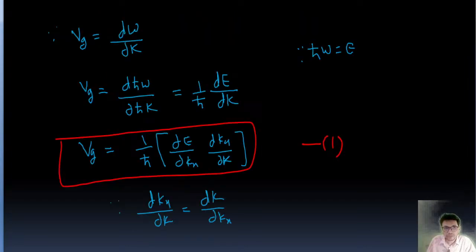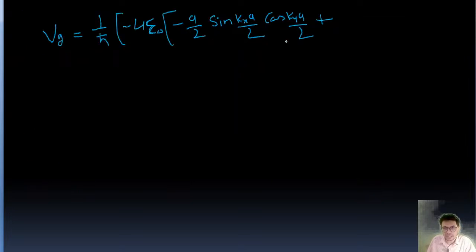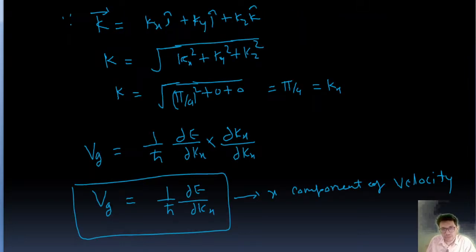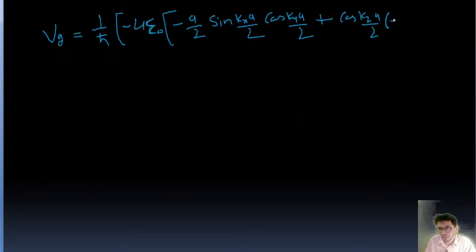Plus, the y and z terms we are differentiating with respect to kx, so they are going to be 0. Here cos kz a by 2 remains as it is, and we differentiate cos kx a by 2, which gives minus a by 2 sin kx a by 2.